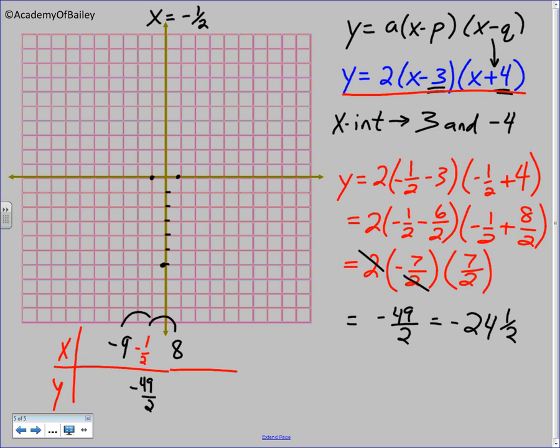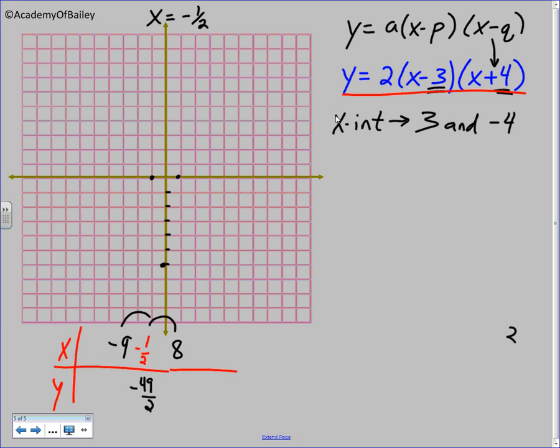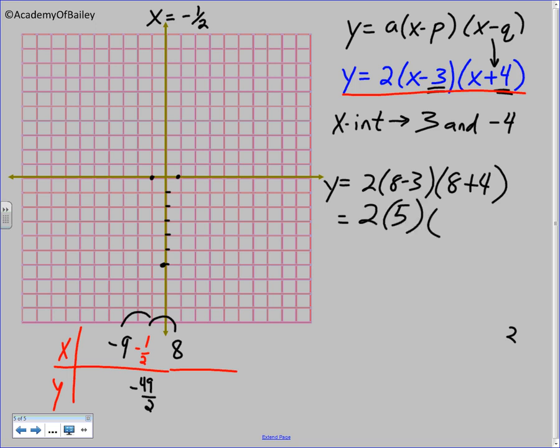Now we're trying to find these other points to fill out the table. 8 for x. And so now 8 minus 3 is 5. 8 plus 4 is 12. So this is 120. Oh my. 120. And it gets off the page quickly.